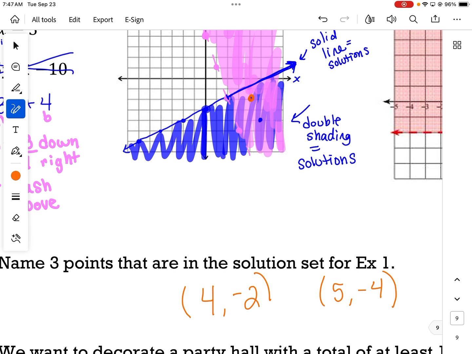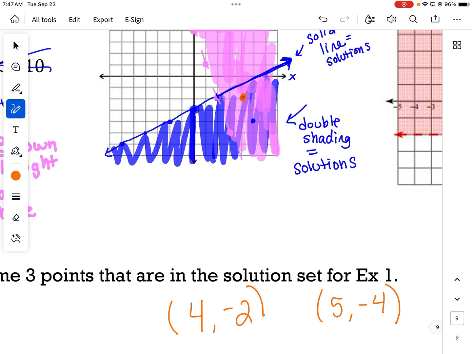I need one more point. What is it? 2, -1, 2, 3, 4, 5, 6. No. What else?